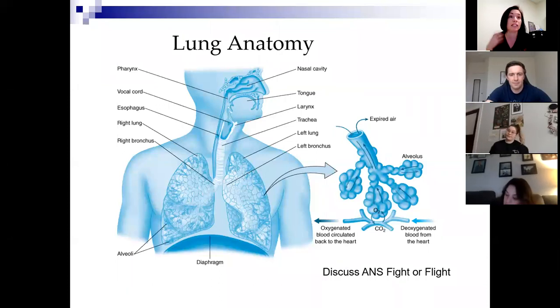We're freaked out, we need to run away, or we're exercising, or whatever got us heightened. That's when we need oxygen, so they dilate to let more oxygen in. When we're at rest and really relaxed, everything kind of closes down because we don't need as much oxygen. So the sympathetic nervous system dilates the smooth muscle of the lungs.